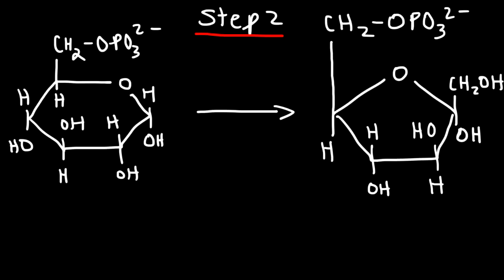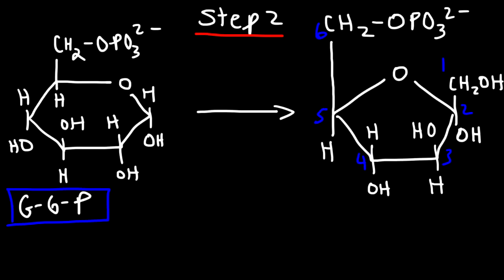So on the left, we have G6P, glucose 6-phosphate. And what is the name of the molecule on the right side? So take a minute, pause the video, see if you can come up with the name of the molecule. So notice the location of the phosphate group. It's still on carbon 6.